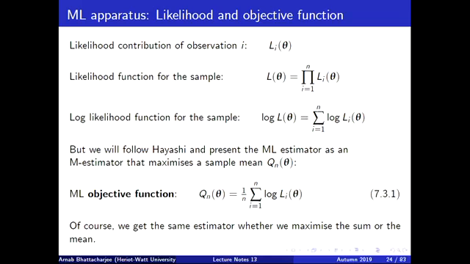So what is the maximum likelihood objective function? That is this guy. Why? Because we are maximizing this, right, which is the same as maximizing this. I just added a 1 by n here, which is a scaling factor, to emphasize that this is actually like a sample mean.